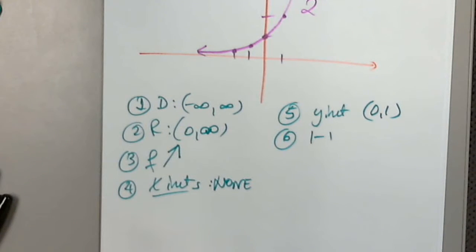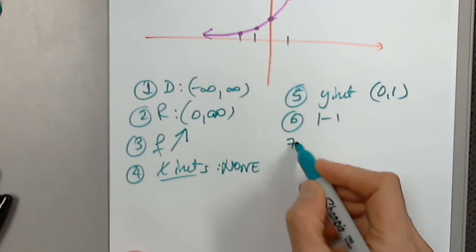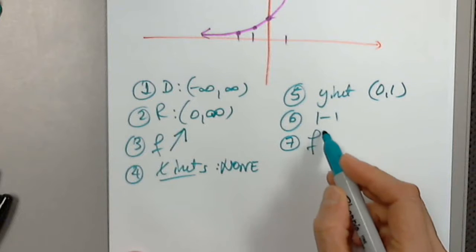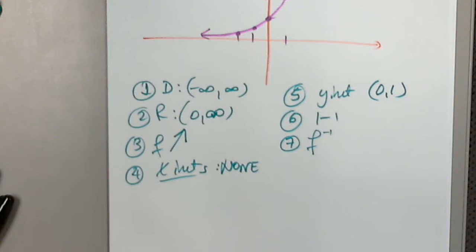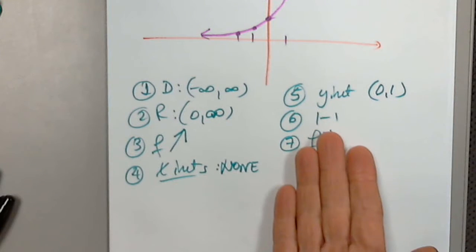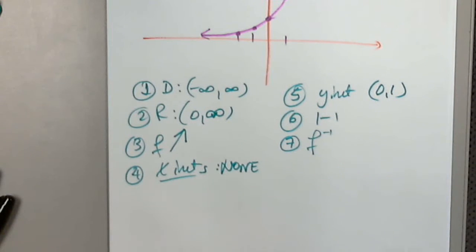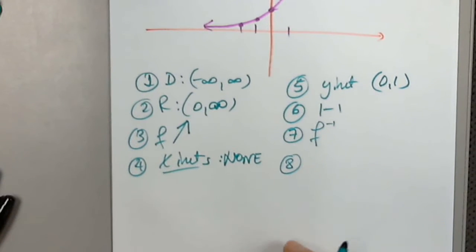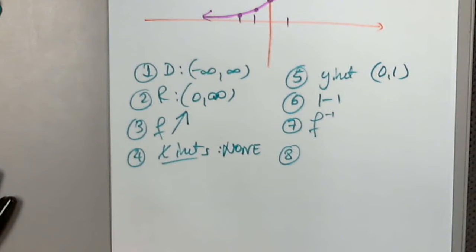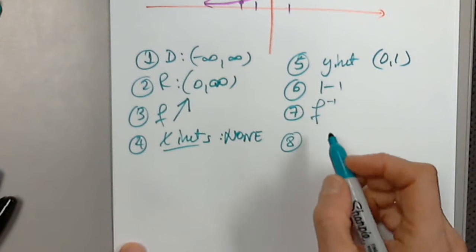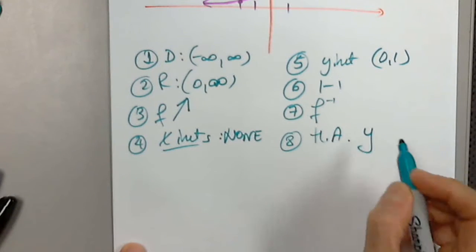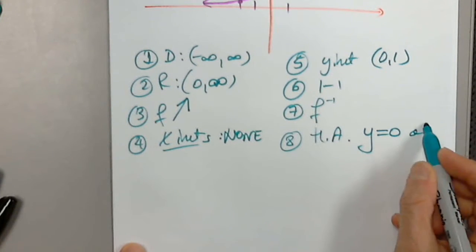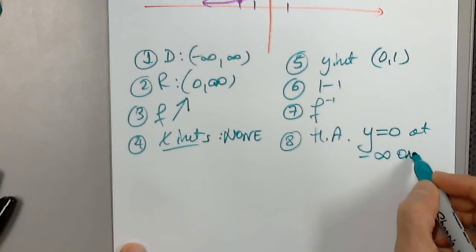By the horizontal line test it is 1 to 1. Very good. Does it have an f inverse? Yes, because all functions that are 1 to 1 have an inverse function. Very good. 8, horizontal asymptote. Yes, Damon? y equals 0 at negative infinity only.